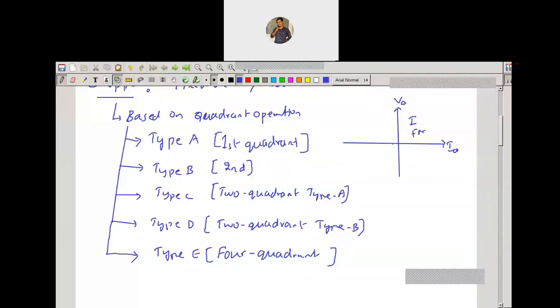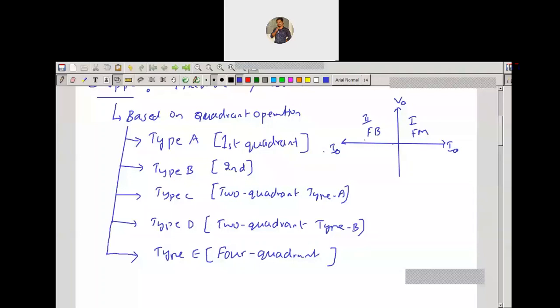You already see the first quadrant is forward motoring operation, and if the output current of the chopper is going to be negative and the voltage is positive, then the corresponding chopper is the second quadrant chopper. You operate it in such a way that you get negative current and positive voltage. This mode of operation is forward braking operation.